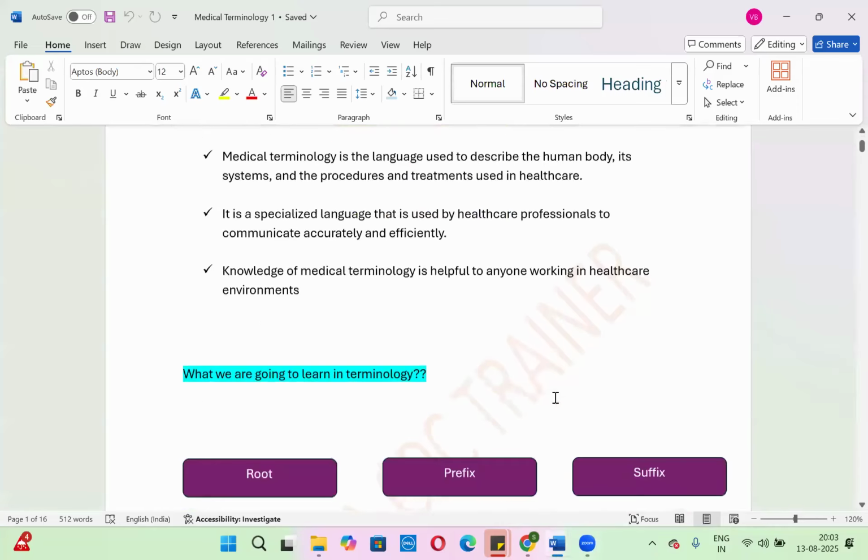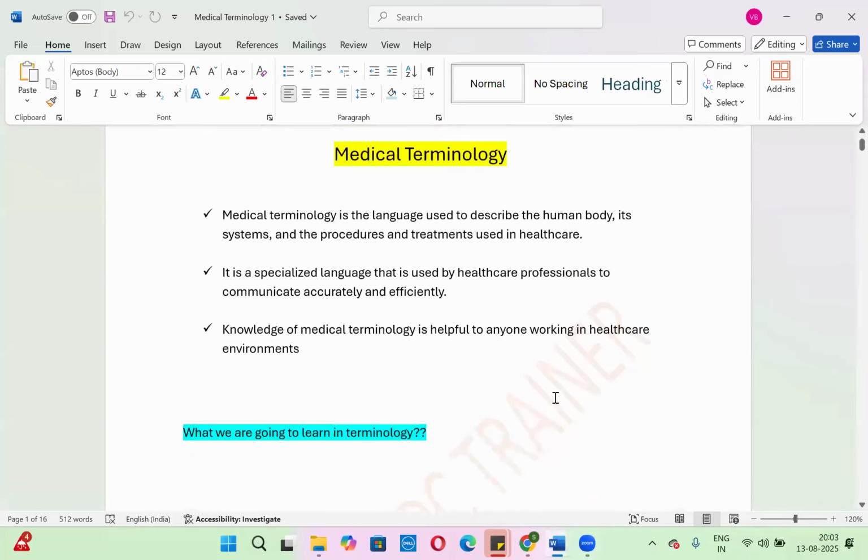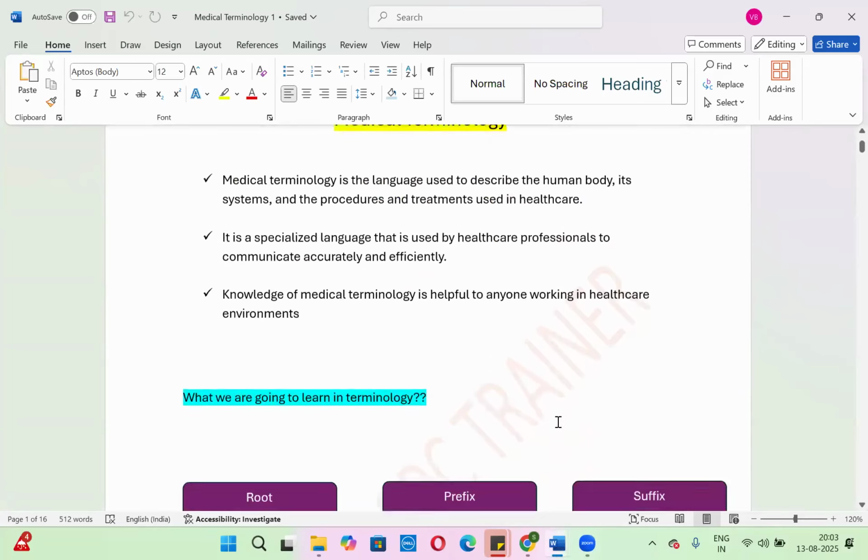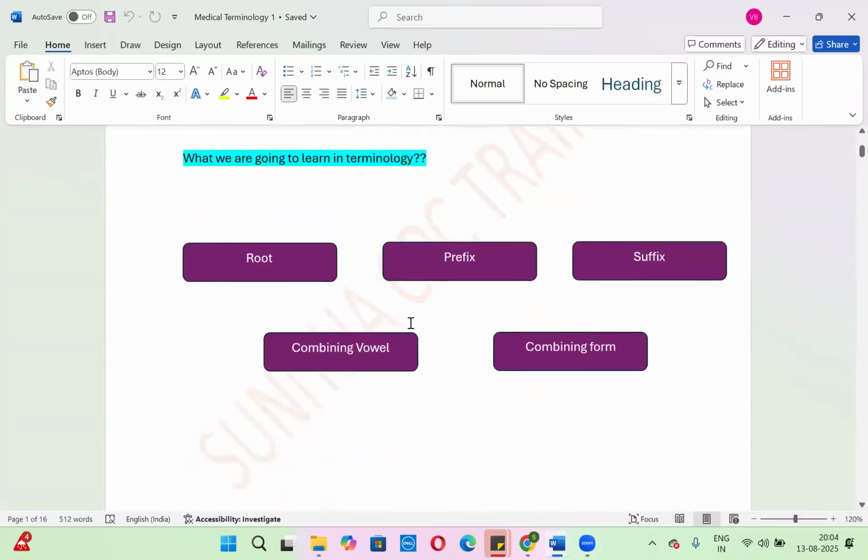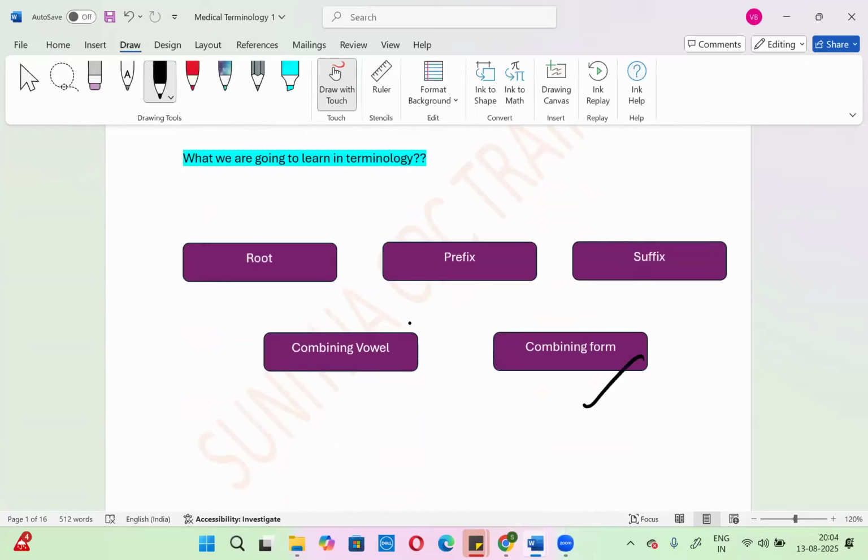So you remember yesterday's class, what we have seen: medical terminology. What is root, what is prefix, suffix, combining vowel, combining form. The root is the main term in a medical word.